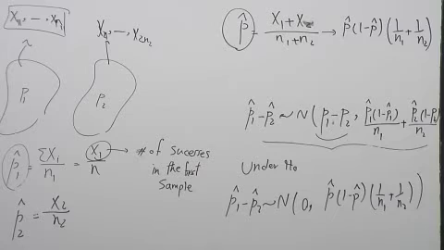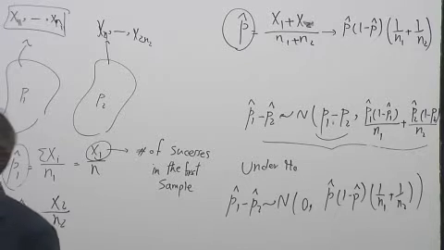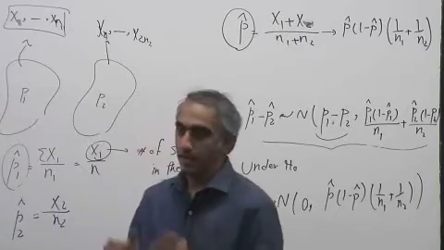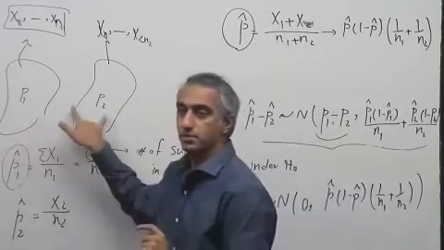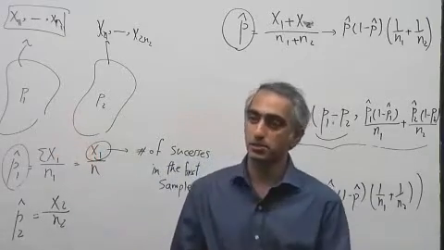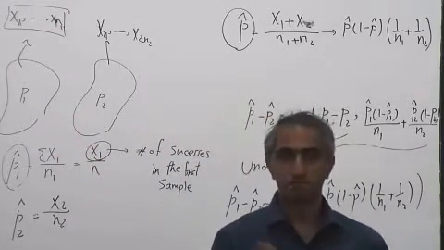That's basically what we are trying to do. We want to see if these two populations are the same or not, and that question is translated to P1 equal to P2, which is the hypothesis we are trying to test. Yeah. Any other question?